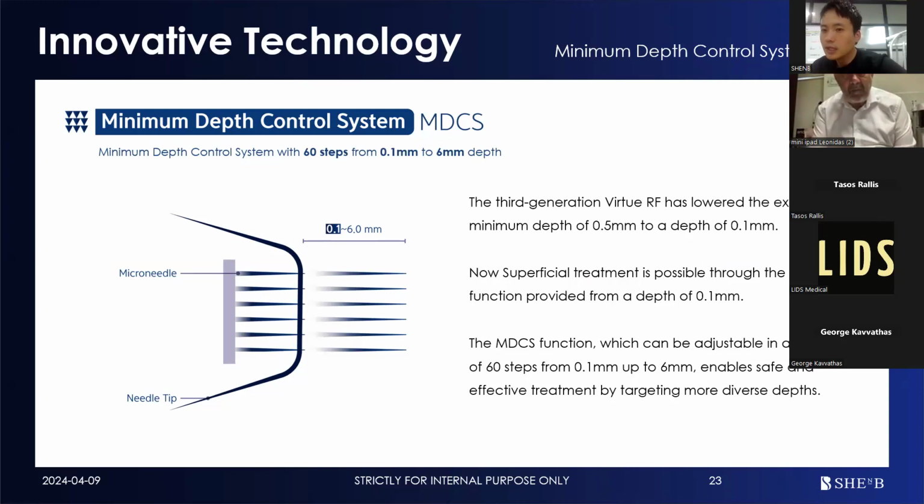And for Morpheus, if they want to target depths lower than 1.0 millimeters, they only have a fixed tip, with a depth of 0.5. So they cannot do 0.3, they cannot do 0.7, 0.8. But for us, we can do 0.7, 0.8. So when we do upper eyelid lifting, when we do lip elasticity, we can use these minor depths and do different treatments.